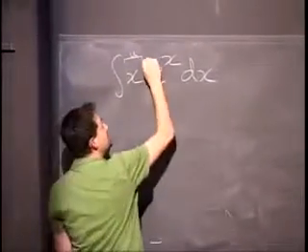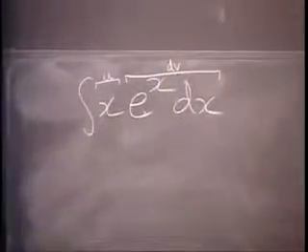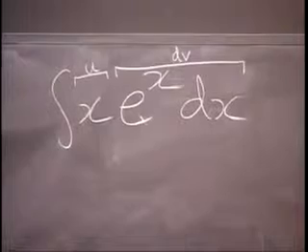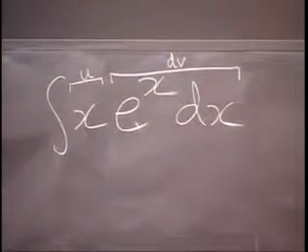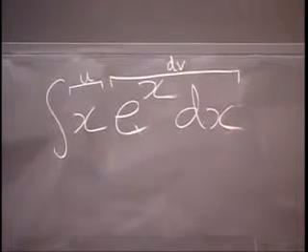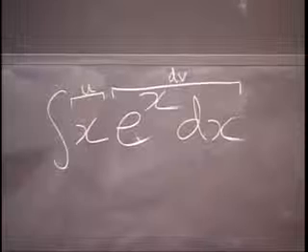And let's call this dv. Now notice that dv isn't just a function, it also involves the dx. And that's important. You can't have the dv involving just a function. It has to involve the dx.